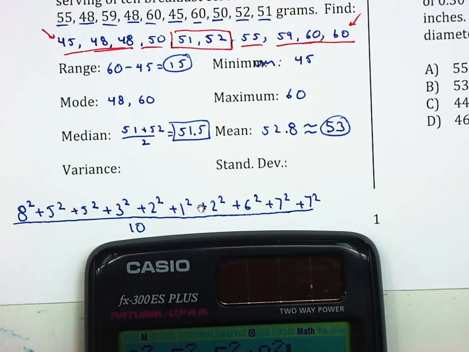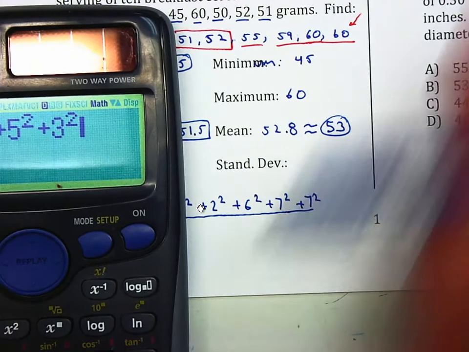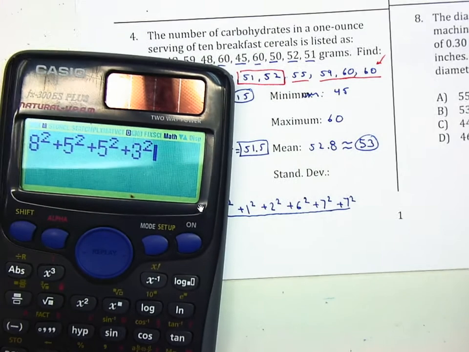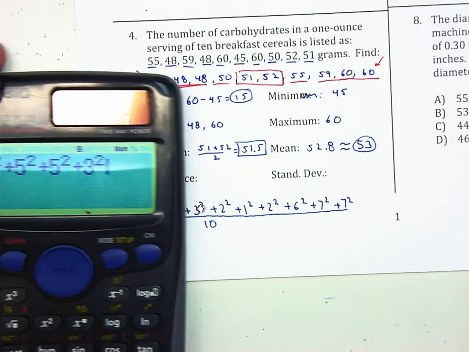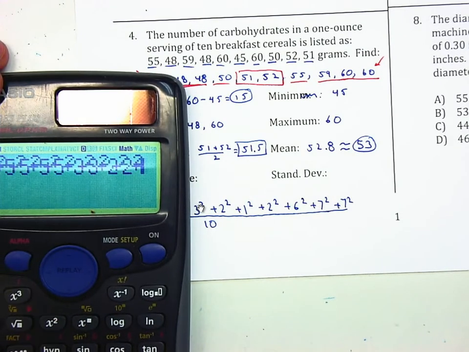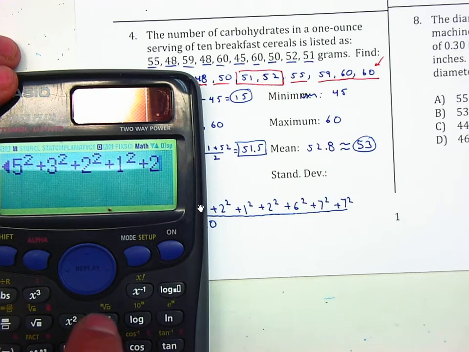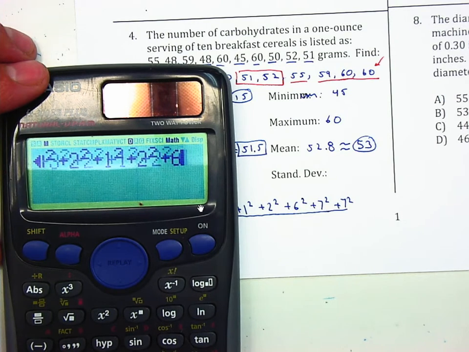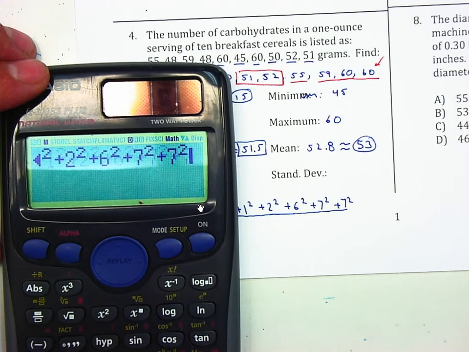I'm going to continue on all the way through. Plus 2 square, plus 1 square, plus 2 square, plus 6 square, plus 7 square, plus 7 square.